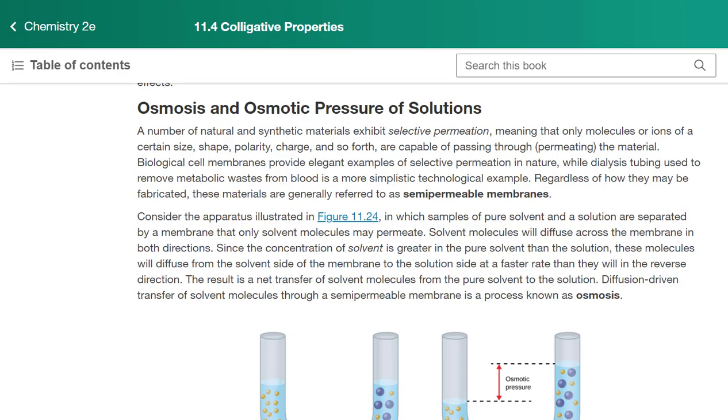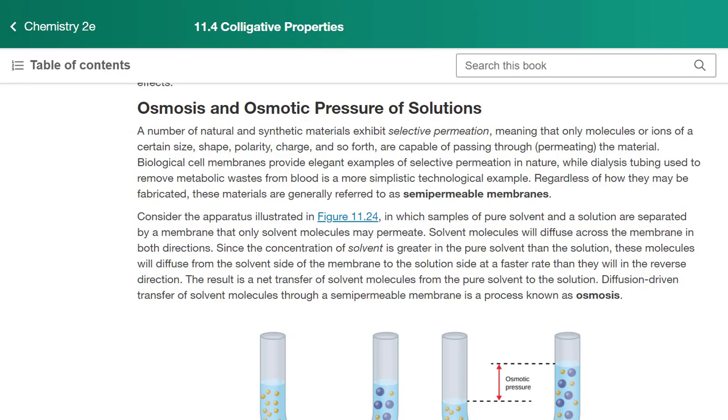We have something called selective permeation, and some materials are able to cause this selective permeation. What this means is that there is some characteristic of molecules or ions that allows some of them to cross a membrane, cross this material, and others will not.